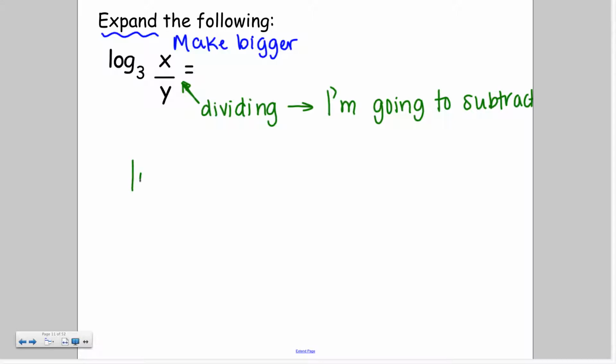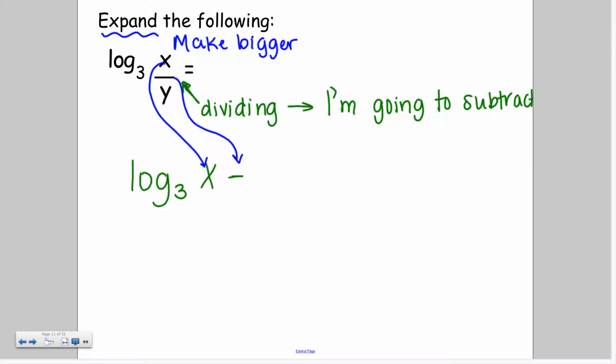So I'm going to have log base 3, because that's what is given to me. That's never going to change. And then the top is x, so the x is going to go first. I am dividing, so I'm going to subtract.